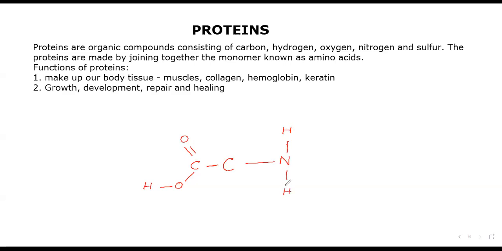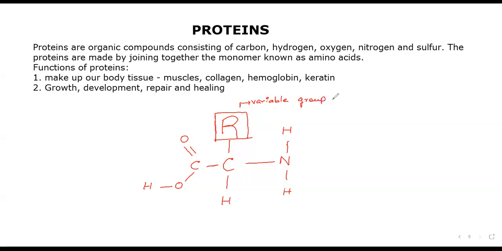Then the third bond of the central carbon atom is a hydrogen bond. And the fourth is known as the R group. The R group is basically your variable group. Variable group means that on this side, I can have pretty much anything.